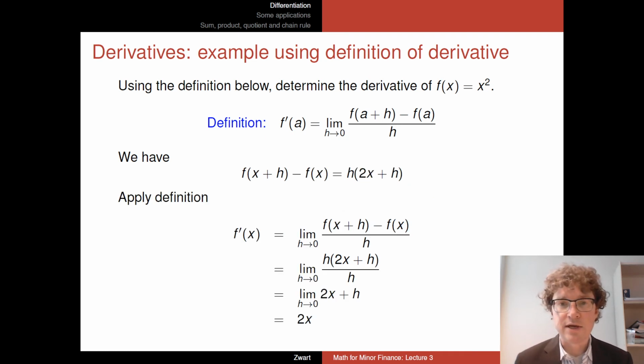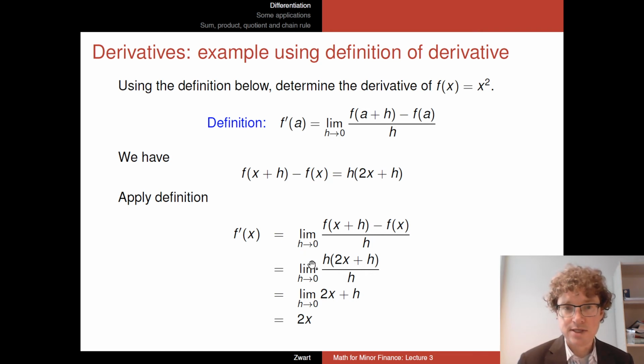And that's actually happening here. So what we're doing is we just use this definition. In the slide, the a is just called x, which is fine too, of course, just a name. f prime of x was this limit of the difference between the f at the two points divided by h, for h going to 0.